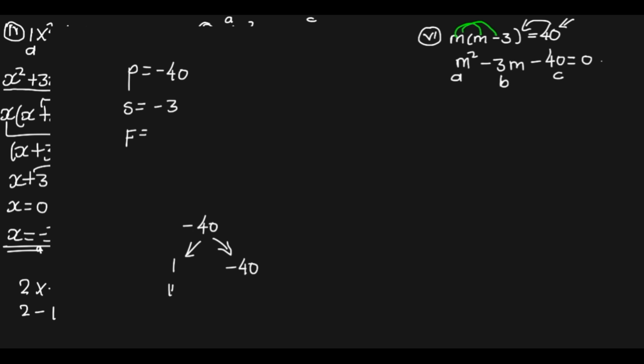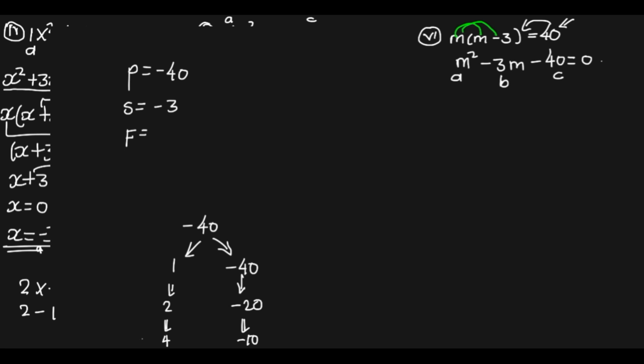So let's move on. Let's try 2. 2 will give us negative 20. If we add 2 plus negative 20, we can't get negative 3. Let's try 3, it cannot go into 40. Let's try 4. 4 into 40 is 10, so which is negative 10. If we add 4 plus negative 10, we get negative 6.